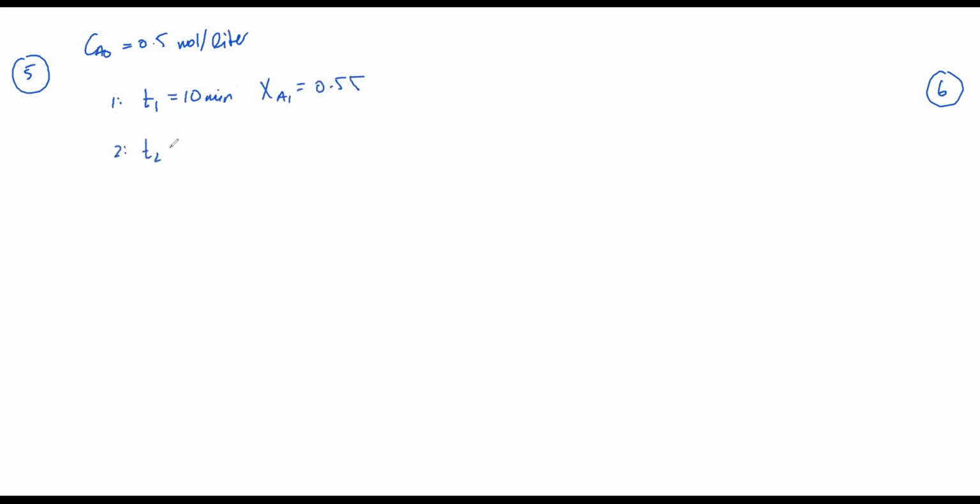And the second point at t2 equals 27 minutes, your XA2 is equal to 0.7. Okay, so we need to find the reaction order. If the reaction order is unknown, this is case number 4.